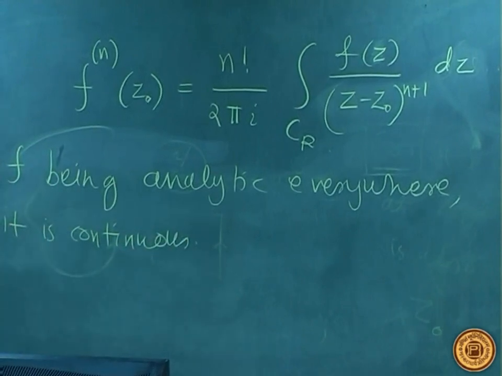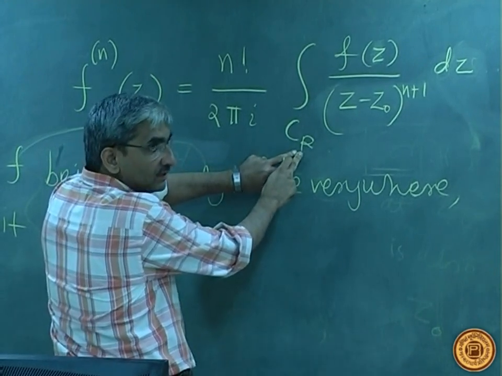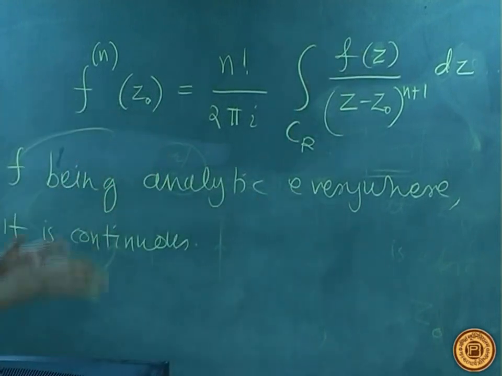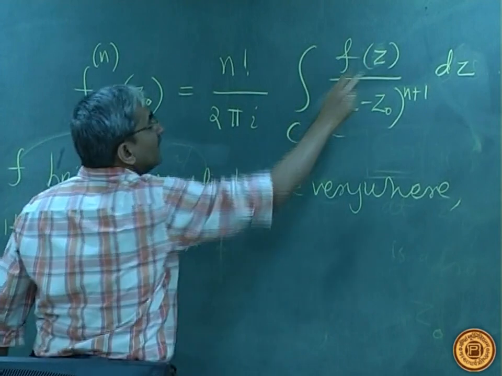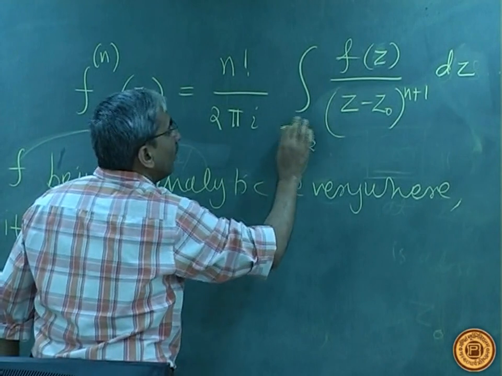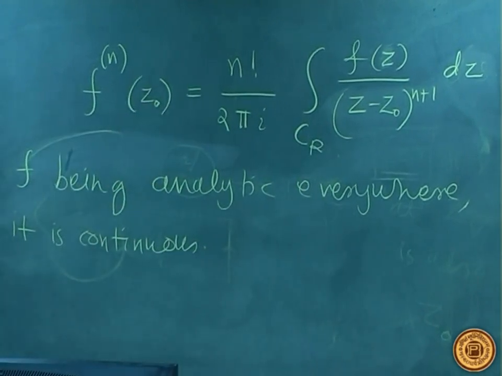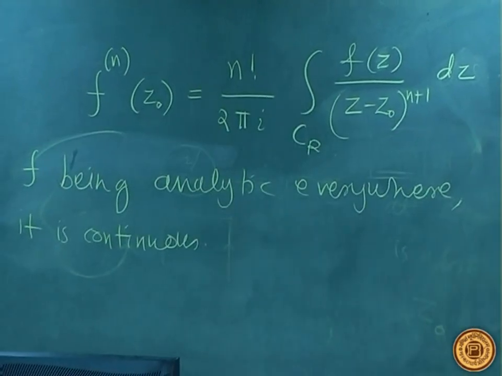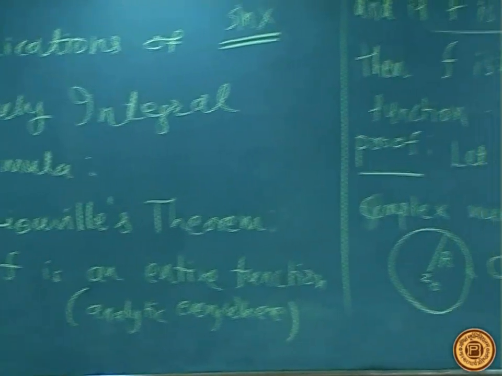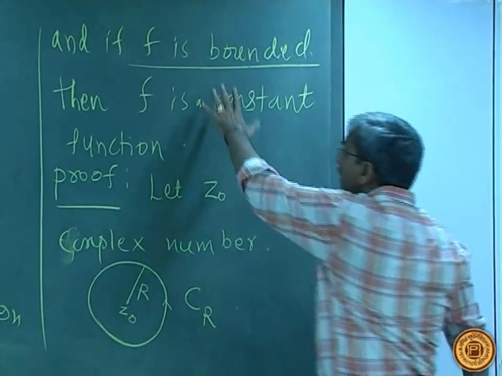And therefore on any curve C, the curve being a compact set, a continuous function will have an upper bound if the values are varying over a compact set. So there will be some constant m on CR. But as such you don't need that constant because f is bounded throughout the complex plane, not only on CR. So f already has an upper bound.